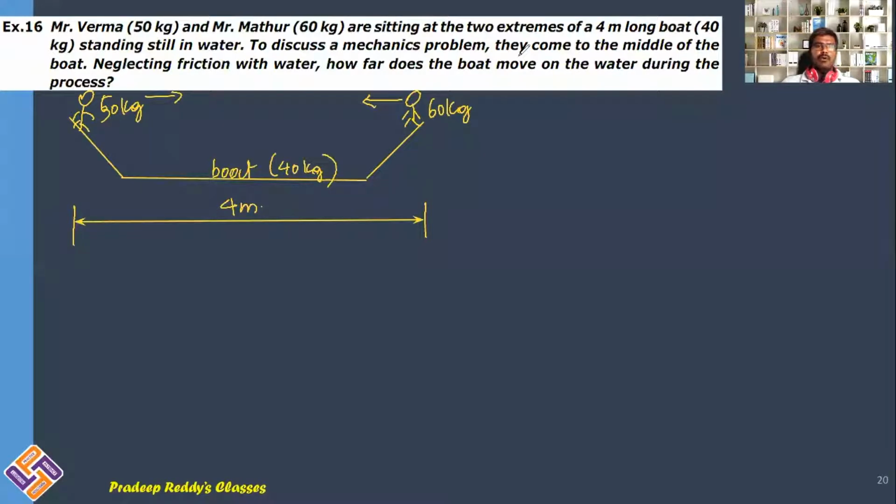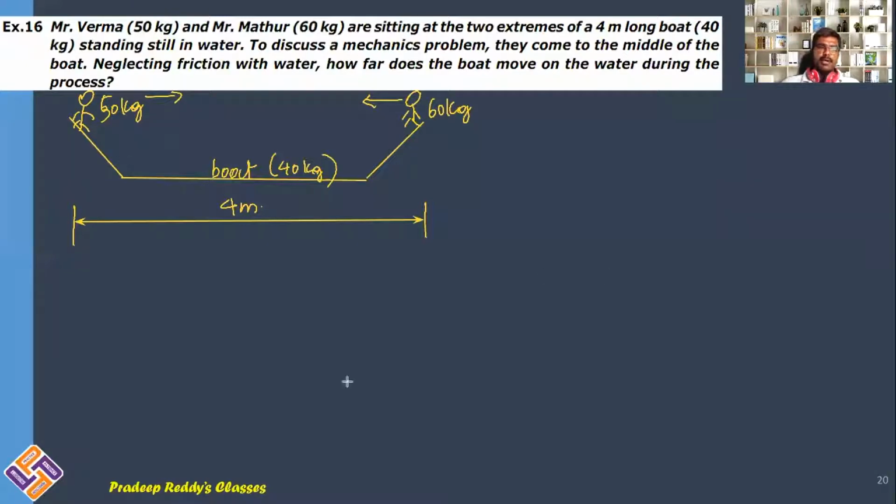Now, how far does the boat move on the water during the process? You want to find out how far the boat is moving. For that, I'll use the same procedure which I have done in the previous problem.